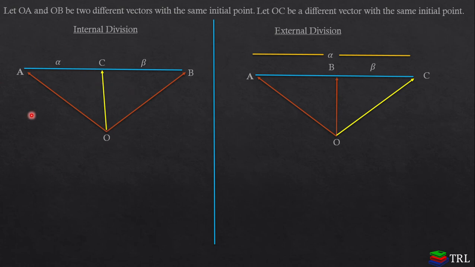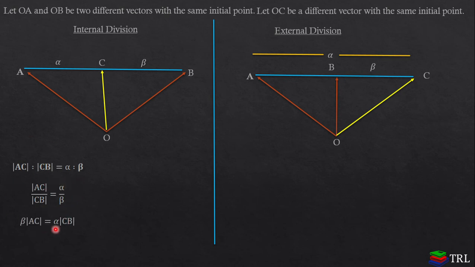Now, in the internal division section, we have that the magnitude of vector AC divided by vector CB equals alpha is to beta. We can rewrite this expression as magnitude of vector AC over magnitude of vector CB equals alpha on beta.